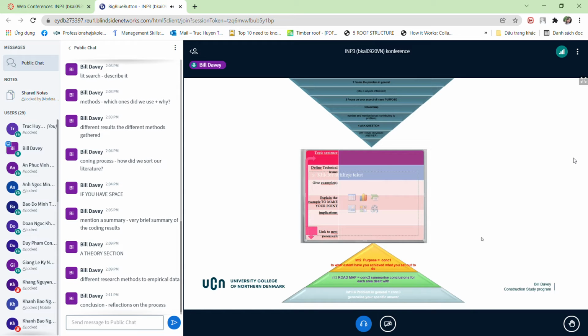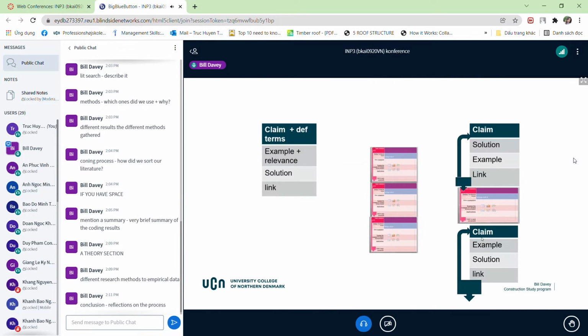But of course, as we already know, there are two potential structures. And looking at this, we can use all of these three structures in our work. So if you look at the middle of the screen, you can see that I'm suggesting what I mentioned earlier, which is repeating the same paragraph structure again and again.